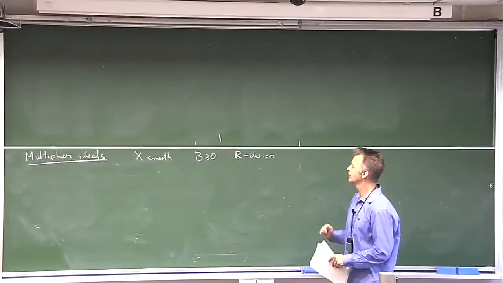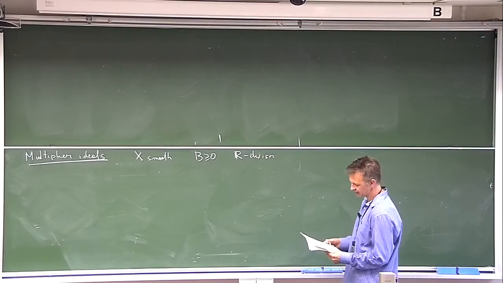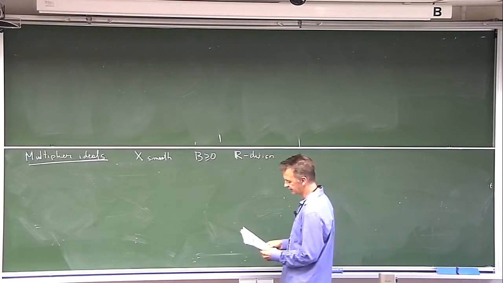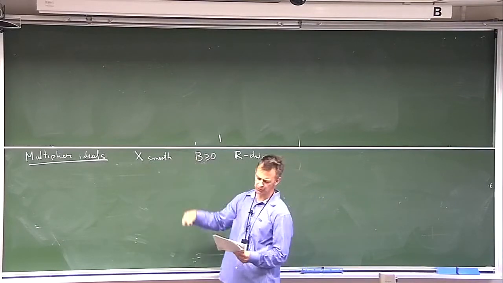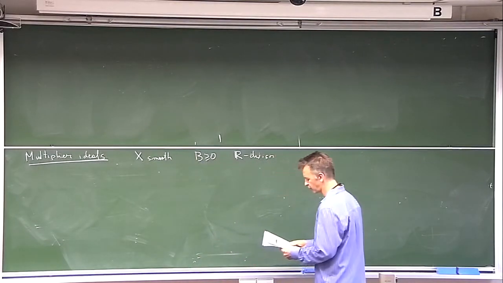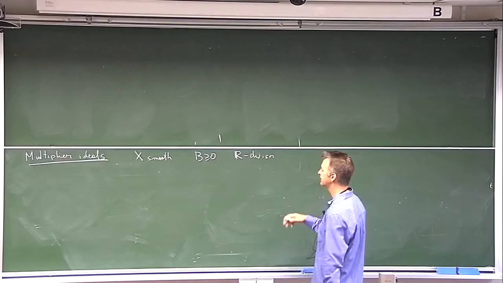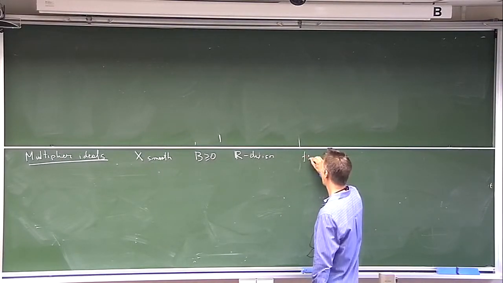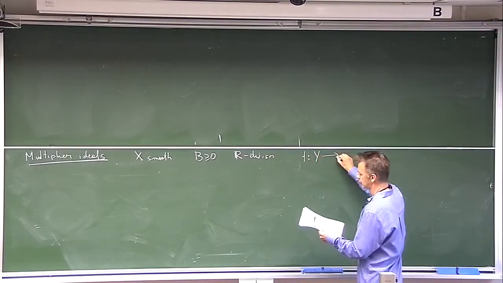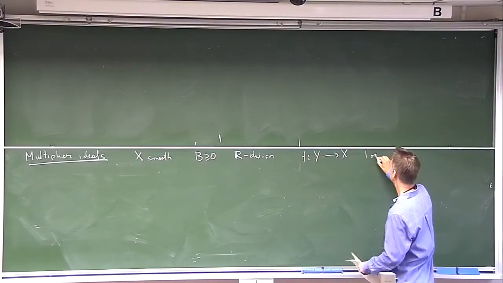Okay, so now I've shifted slightly gears. I'm talking about multiplier ideal sheaves. We have a pair (X, B), but I'm assuming that X is smooth for simplicity. You can do it more in general, of course. The multiplier ideal sheaf is also defined in terms of a log resolution. So f from Y to X is going to be some log resolution.